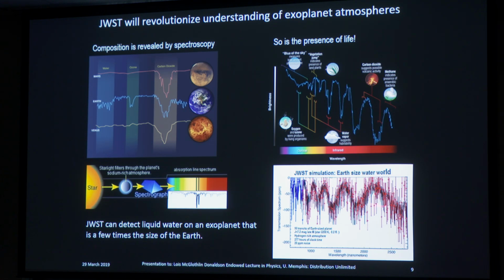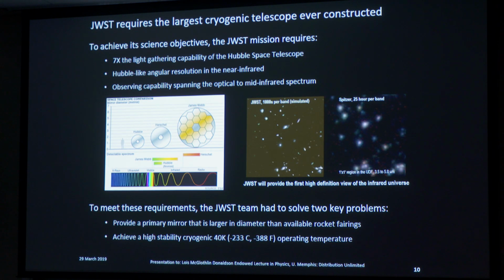This is a simulated spectrum of what JWST would see on a planet like the Earth with water. And so this will be a major area of science for JWST. And if there are any young astronomers in the house, exoplanets is probably a good thing to go into because it's an exploding field right now.